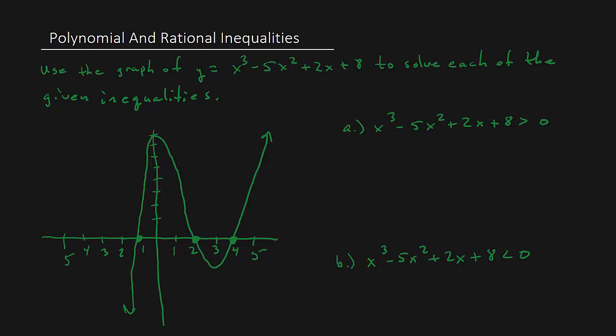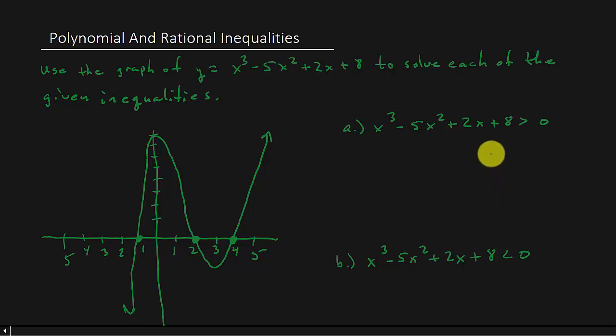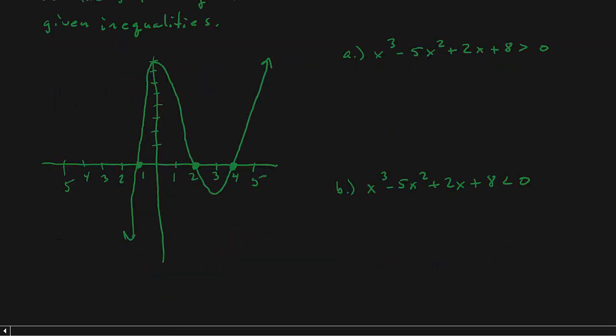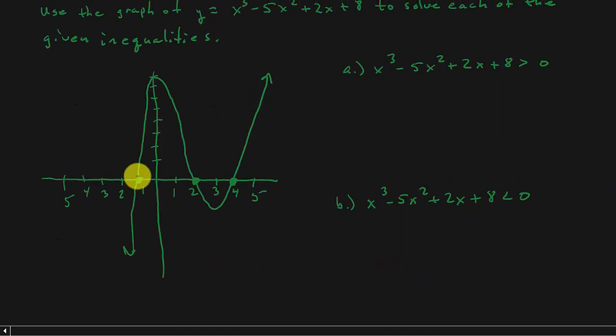First it says use the graph of y equals x cubed minus 5x squared plus 2x plus 8 to solve each of the given inequalities. So we've got the graph here, and we want to know, when is this function greater than 0? Well, that's when the graph is above the x-axis.